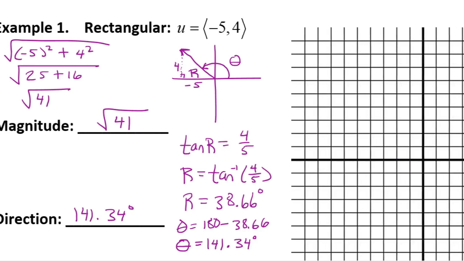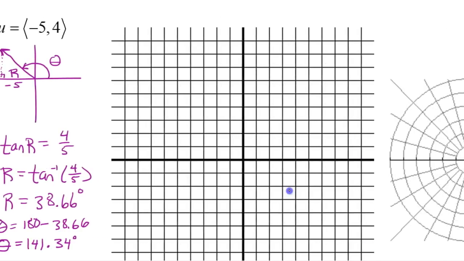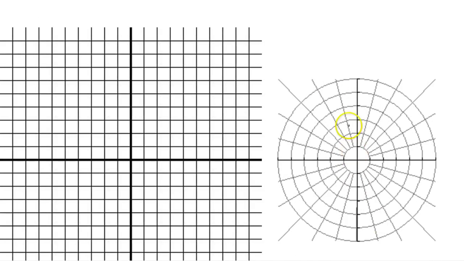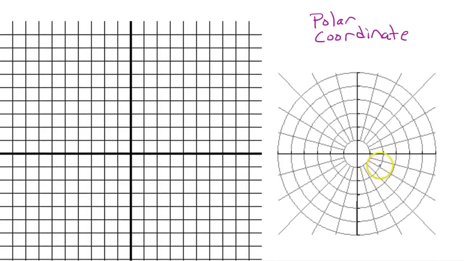Alright, I see some graph paper over here. I think we're supposed to sketch it, both using component form and polar coordinates. That's just a fancy way of saying that we will be using the magnitude and the direction directly to graph it.